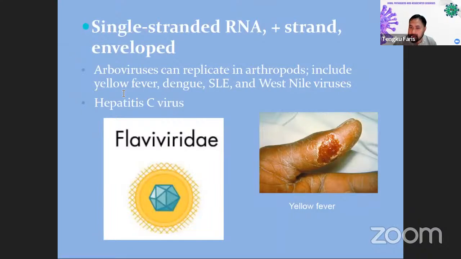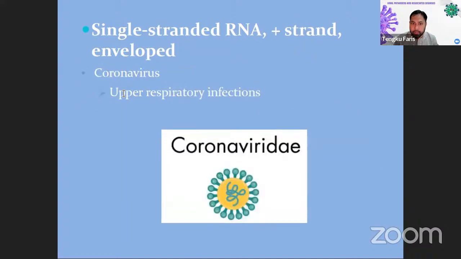Some viruses are heat labile, meaning they are sensitive to temperature change. So if you increase the temperature, boiling the water for example, you can kill the bacteria, and also for the viruses it is possible for their coat to be broken easily.